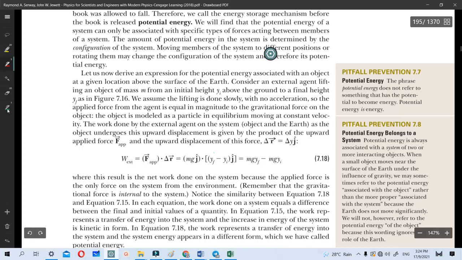Recall just now in the figure, if v is constant, then you will find that the force applied has the same value as the weight, and it's in the opposite direction. So you find that the calculation of work by this force is equivalent to Y final minus Y initial.